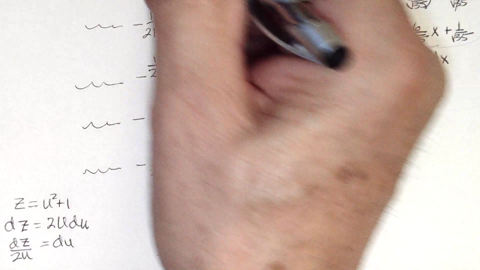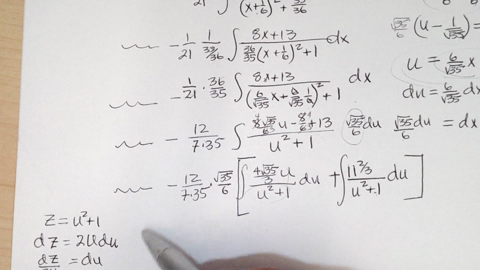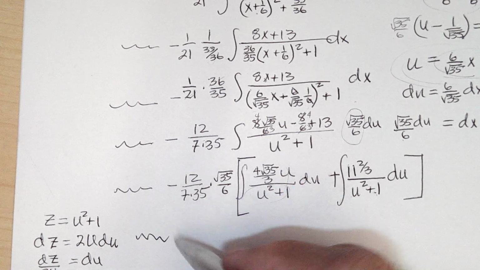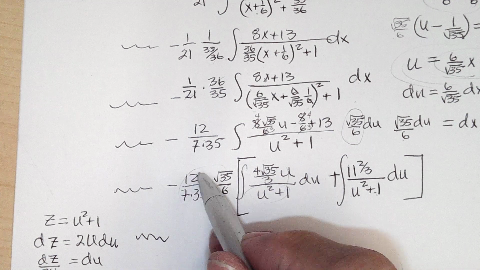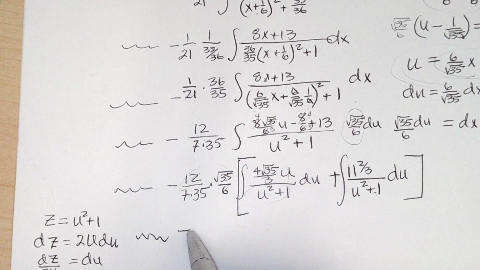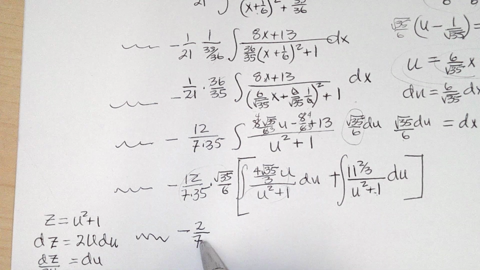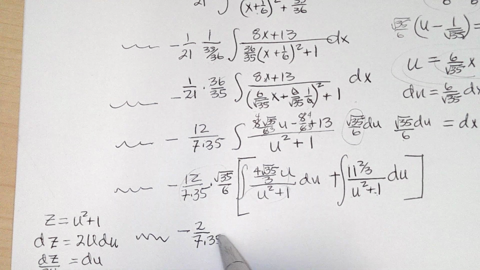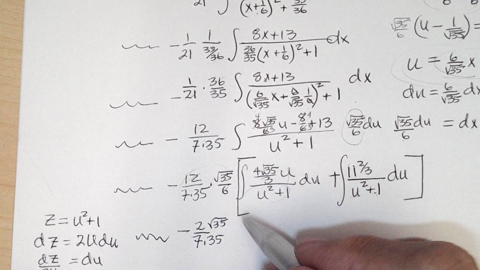I have this gunk. 6 into there's 2, so I have minus 2 over 7 times 35 times the square root of 35.